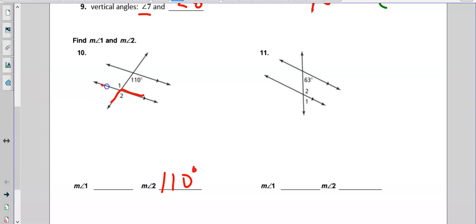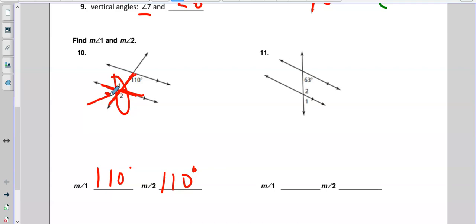And then if you look, angle 1 is also obtuse. It's also formed by an X. Those are vertical angles, so angle 1 is also 110. If by chance, I was looking at this angle right here, that would just be a linear pair, so 180 minus 110 is 70. Okay, so if it would have asked for that angle, your answer would have been 70 instead.